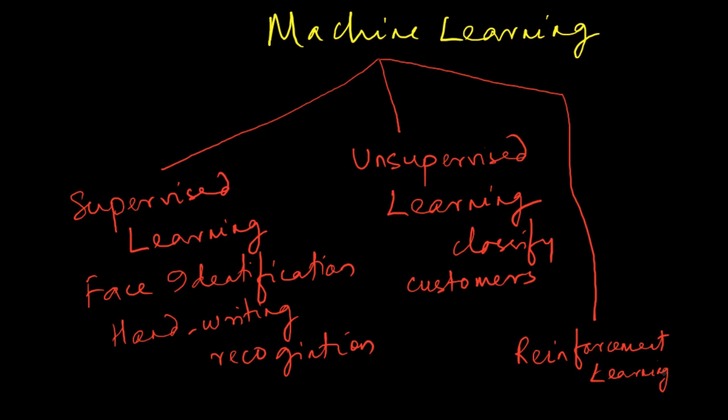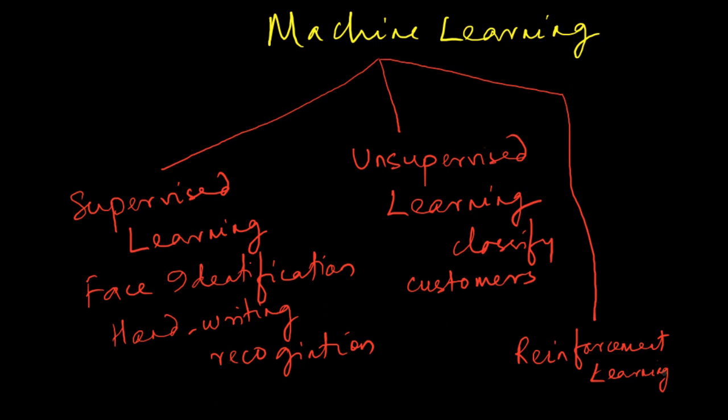So reinforcement learning is in some ways similar to supervised or unsupervised learning because essentially finally all of these are algorithms. But it is also fundamentally different from supervised and unsupervised learning because reinforcement learning is about learning to perform a certain task.